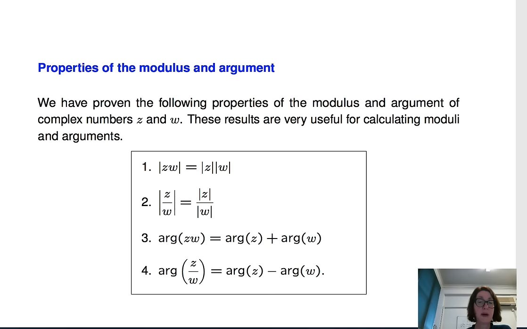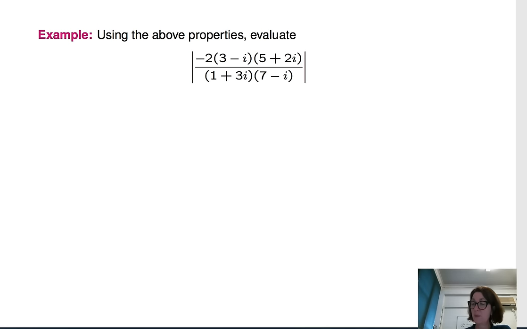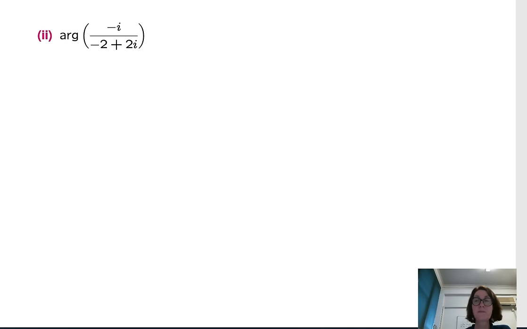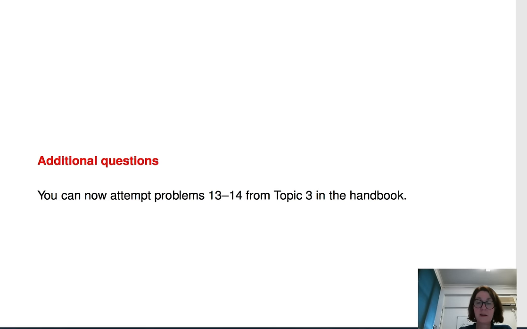Okay, and on the next page you've got a nice list of the results that we've just shown. Then a couple more examples for you to do. And you can then start doing some more examples from the handbook from this section in topic 3.